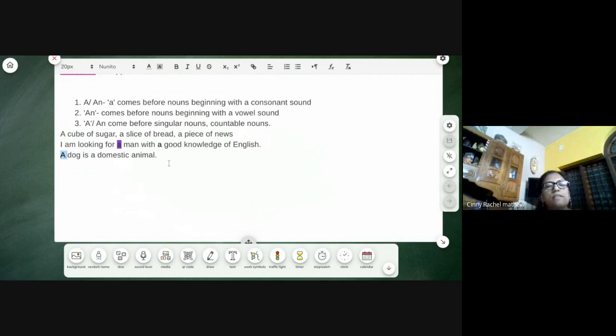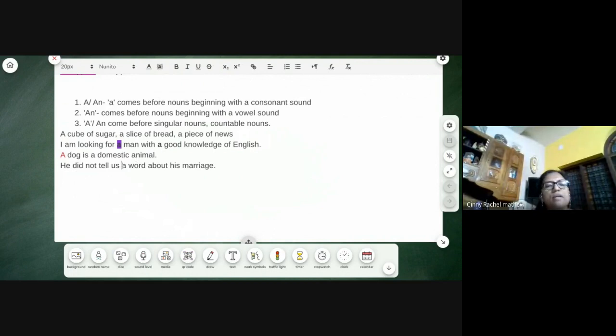Now, another sentence. He did not tell us a word about his marriage.